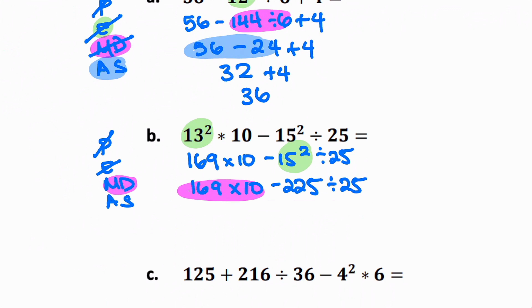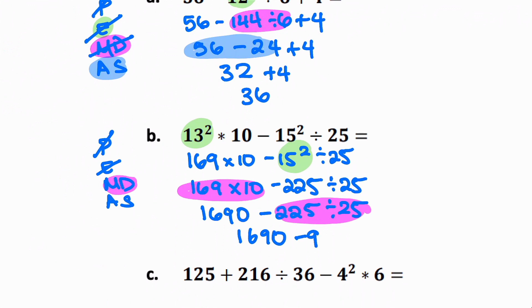We did that a little while ago, and we said that the answer was 1,690 minus 225 divided by 25. I am not done with multiplication and division because I still see a division problem here. 225 divided by 25 is going to give you 9. So this gives me 1,690 minus 9. And when you subtract those, you get 1,681. And we finish up that problem.